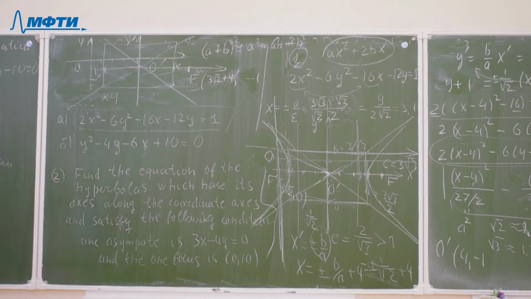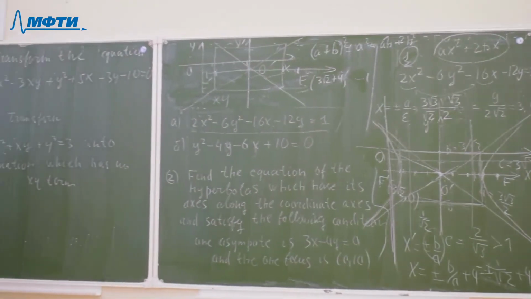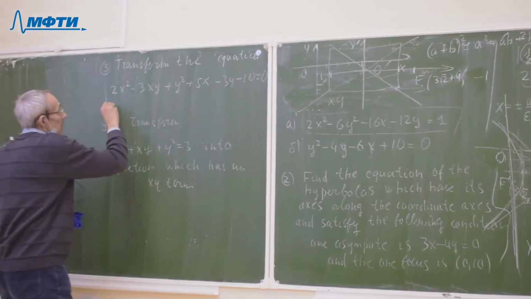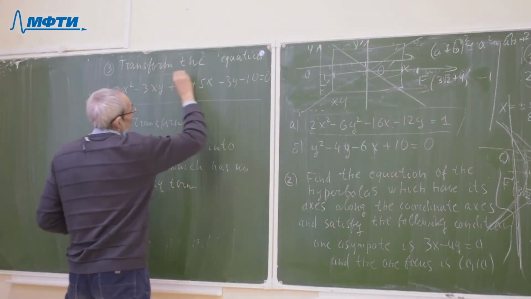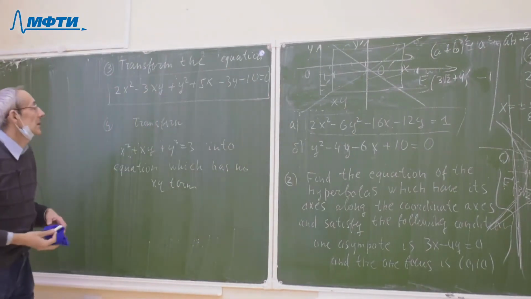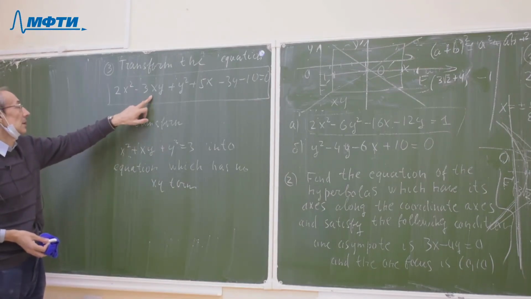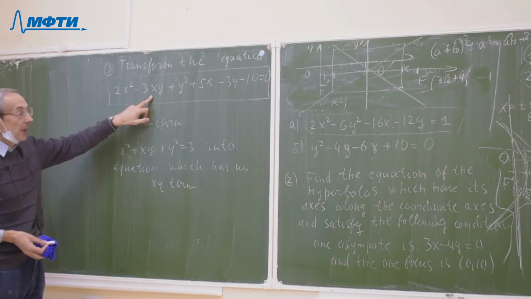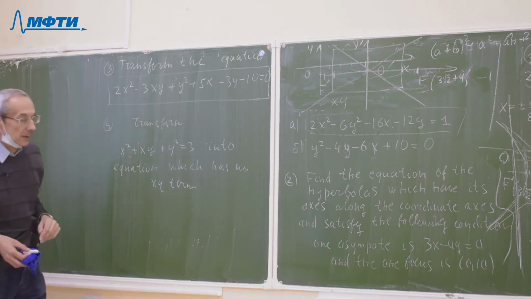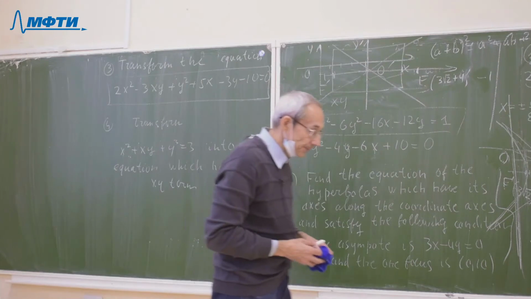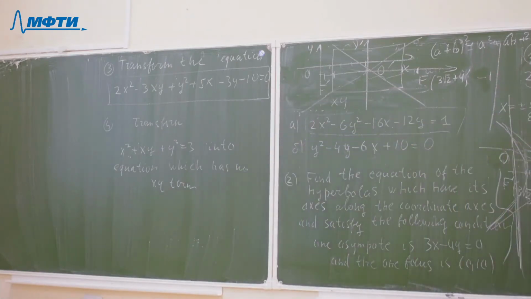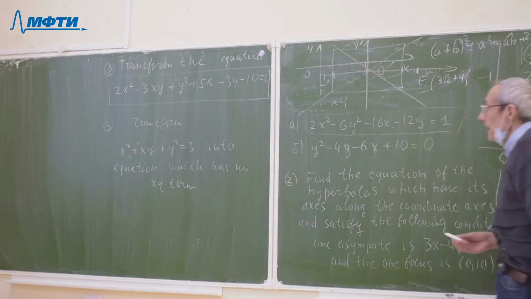We don't have much time. I suggest to consider the hardest case, when the curve has the term which contains the product of x and y. This is a new case, and in the lecture we didn't consider this case.